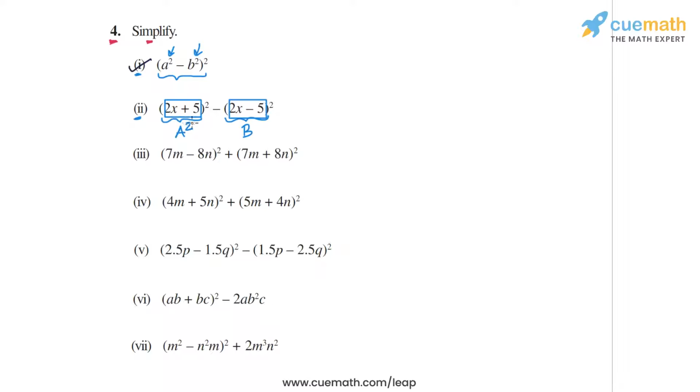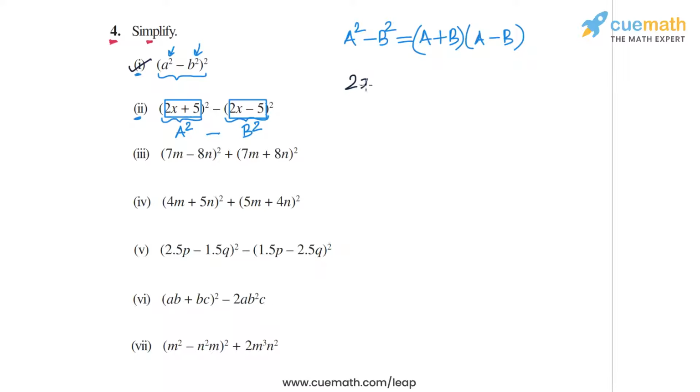So a is 2x + 5, so we have a², and then b is 2x − 5, so we have −b². And we know that a² − b² can be written as (a + b) times (a − b). So let's apply this observation to simplify this expression.